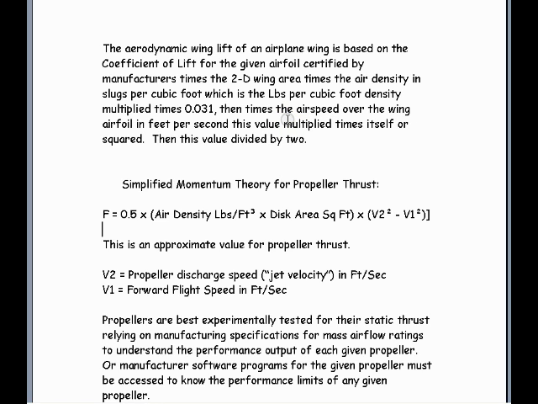The simplified momentum theory for propeller thrust is simply half the air density in pounds per cubic foot times the disk area in square feet times the propeller discharge speed in feet per second, quantity squared, minus the oncoming airflow if the aircraft is moving in feet per second, that quantity squared, the difference between them. That's just an approximate value for the propeller thrust.